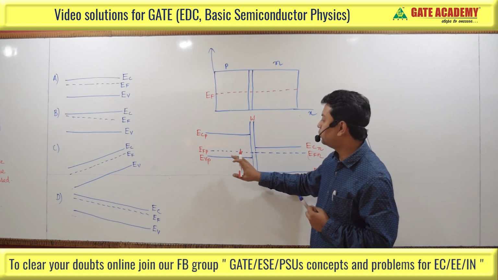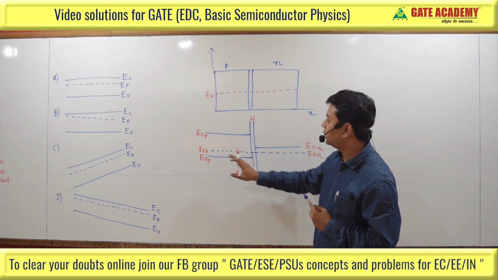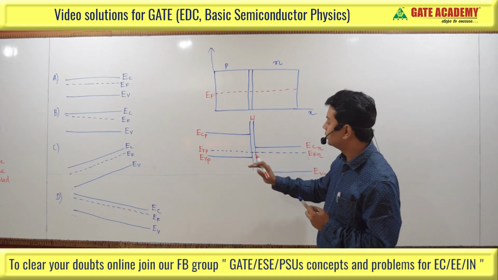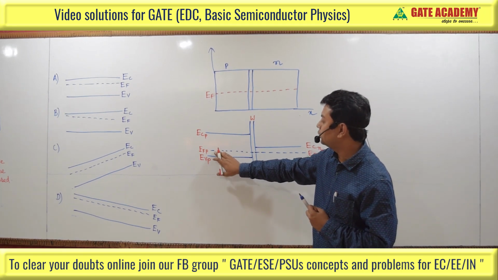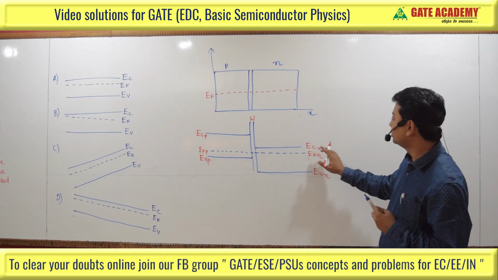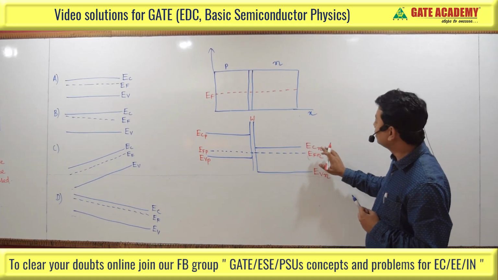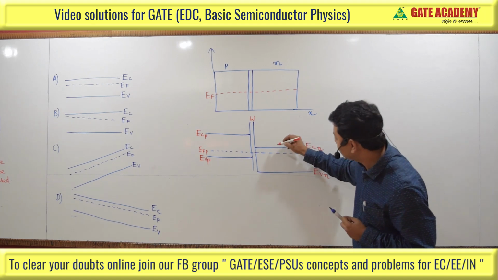That means the bonded electrons are present, and the Fermi energy level will lie nearer to where the electrons are present. So here the holes are nothing but the bonded electrons. Because of these bonded electrons, the Fermi energy level is nearer to the valence band, and because of free electrons in the N-type semiconductor, the Fermi energy level lies nearer to the conduction band.